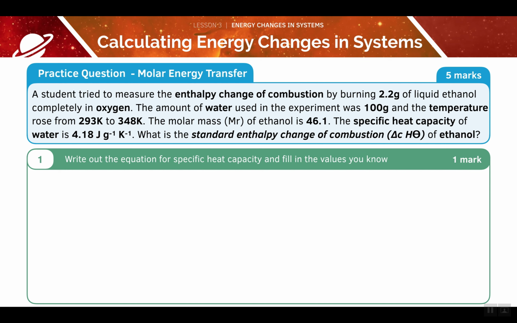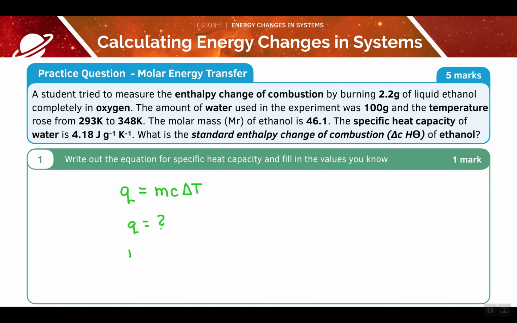First, we need to write out the equation for specific heat capacity and fill in the values that we know. So here we need to write out our equation, which is Q equals mc delta T. And then we can say we don't know what Q is.